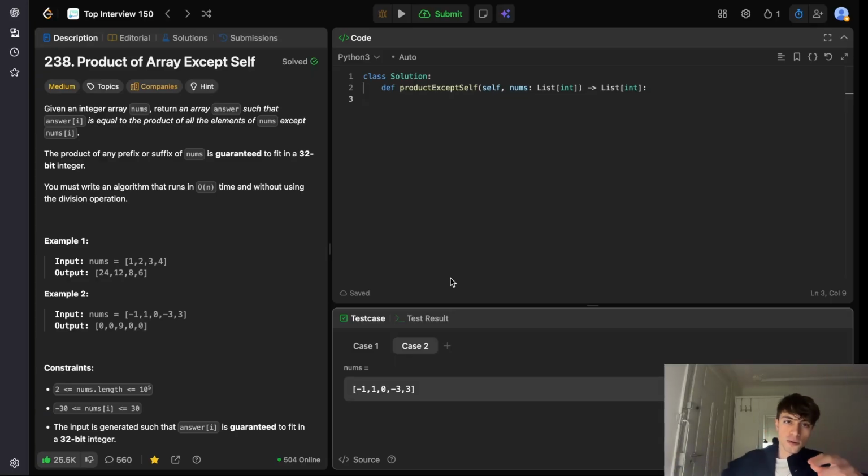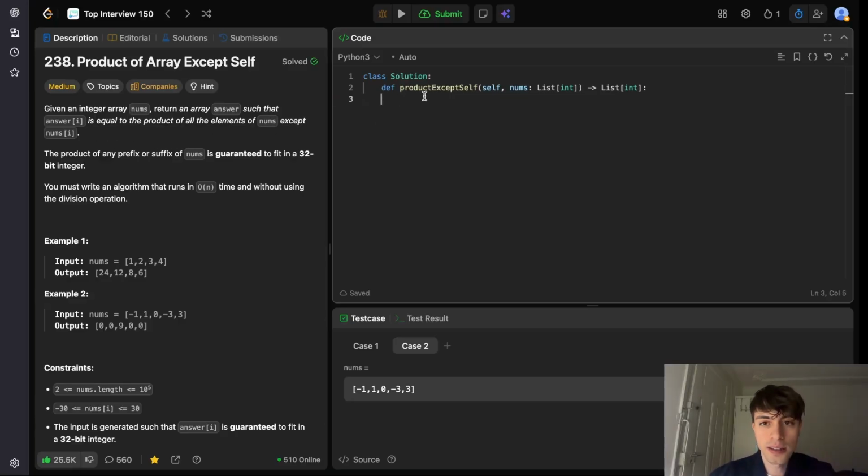All right, so we are dealing with product of array except self. Given an integer array nums, return an array answer such that answer[i] is equal to the product of all elements of nums except nums[i].